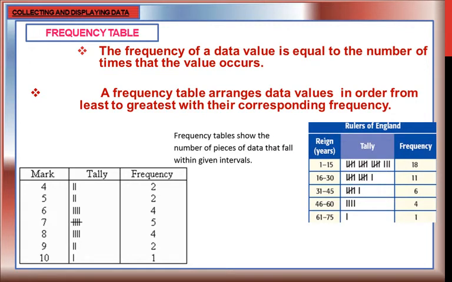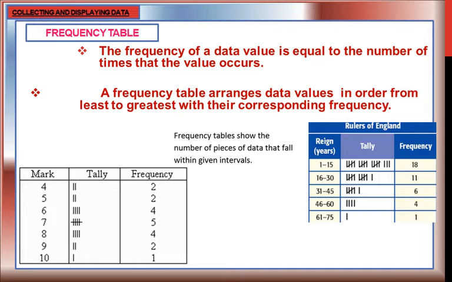Here the frequency table shows the number of pieces of data that fall within the given intervals. You can see 1 to 15. In between 1 to 15, if it is years or marks or anything, how many are there? It is 18. If it is marks, 18 marks are between 1 to 15.